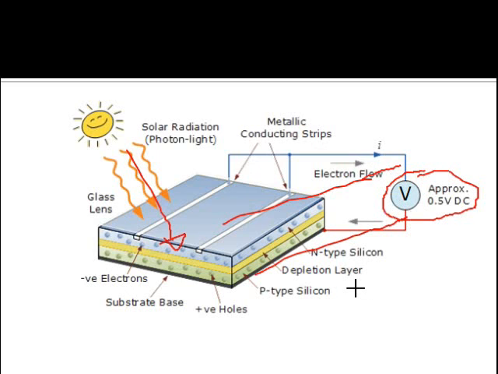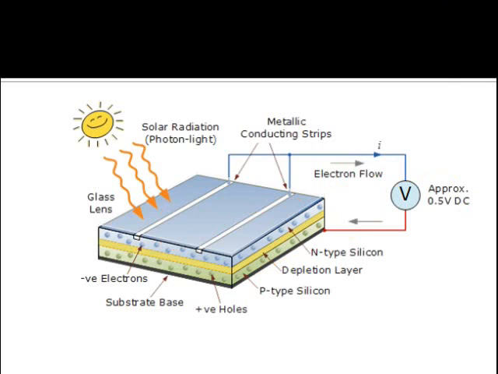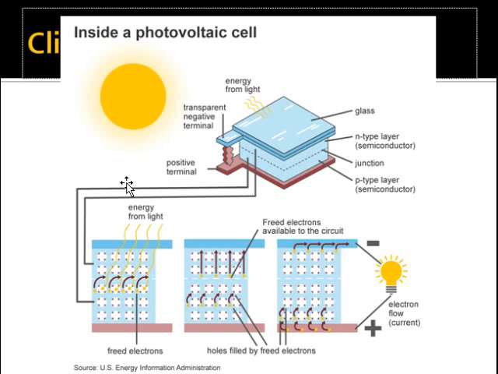The same concept I will explain with another diagram, which will be easy for you to understand again. Here in this diagram we can see the same process, but with little clarity. First, solar radiation comes and falls on the junction. This is energy from sunlight, and here you can see holes and electrons present in the junction.